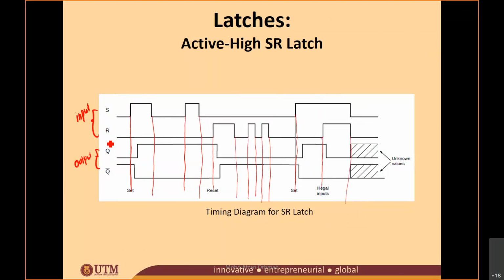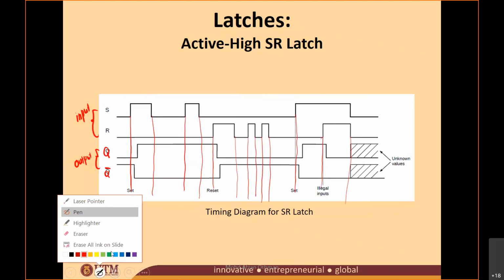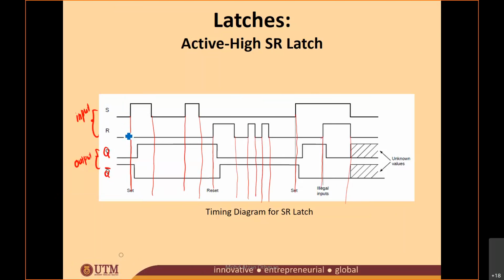Now we're going to find out our output Q and Q bar. So this is your Q and Q bar, and you want to draw them.